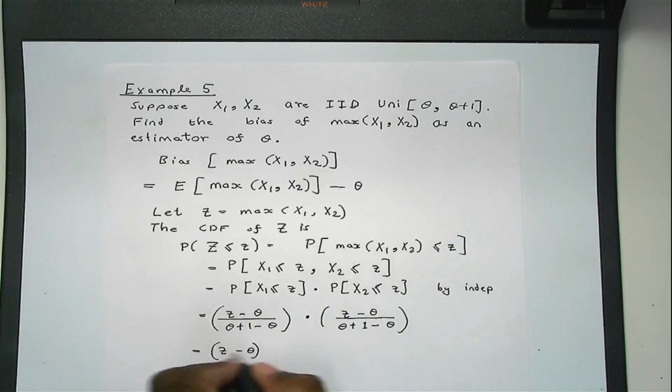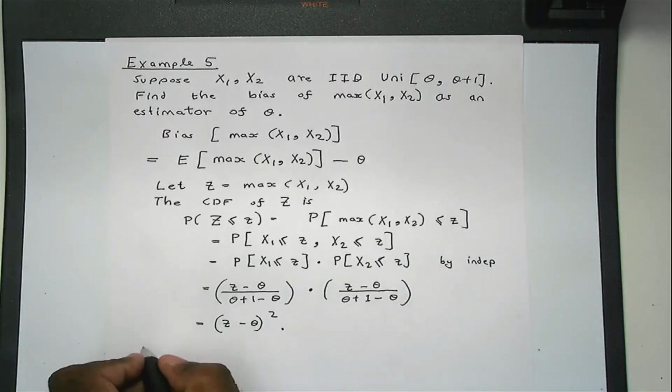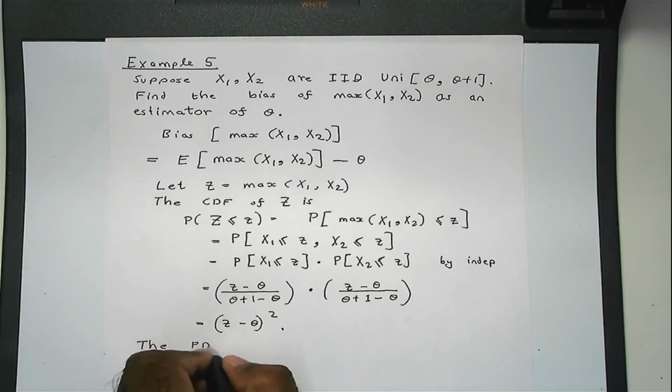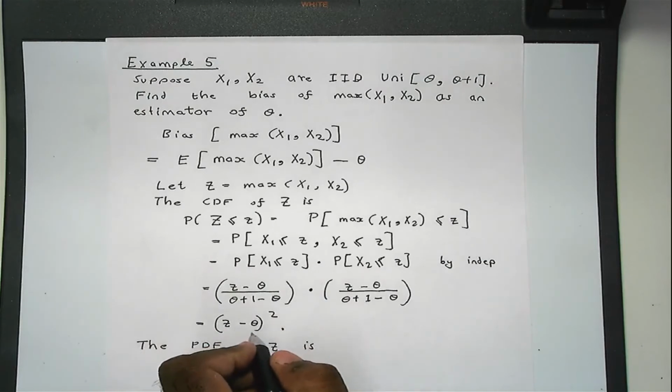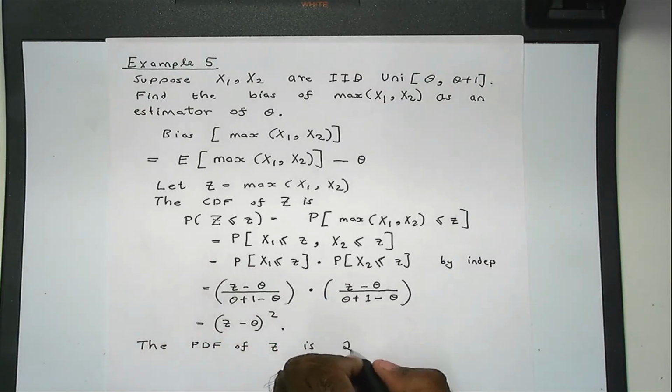squared. So this is the CDF, and the PDF is just simply the derivative of this with respect to z. So that will be 2 times z minus theta.